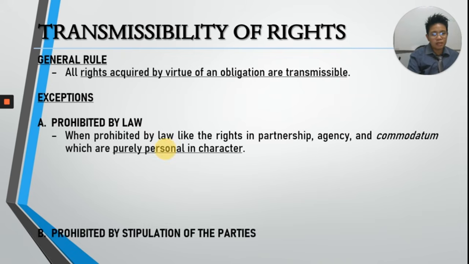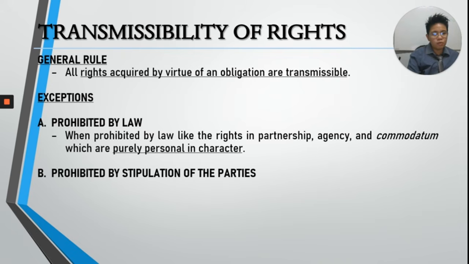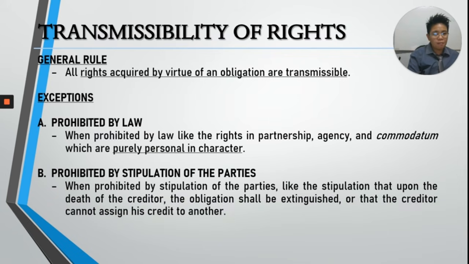Number 2, if it is prohibited by stipulation of the parties, here there is an agreement na hindi transmissible yung mga rights. So, after the death of either of the parties or both, the obligation will be extinguished. Hindi na maipapasa sa heirs, hindi pwedeng i-assign sa another person.